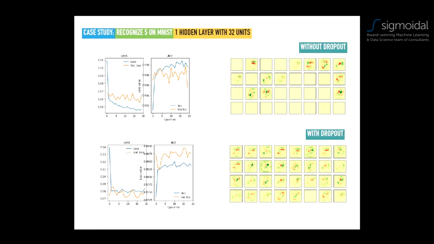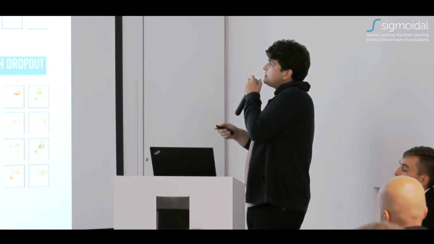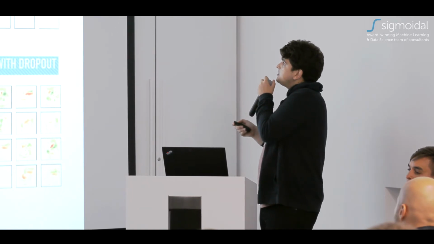What we could see here is that without dropout, we can see a slight overfitting pattern where our validation loss is a little bit higher than training loss, and the same with accuracy. But what is really interesting is that the features learned by the network during this process are pretty concrete.